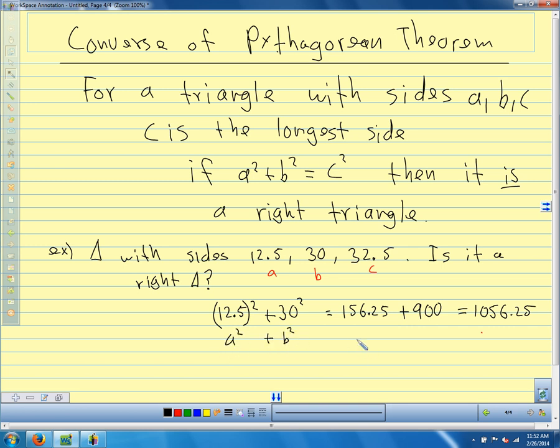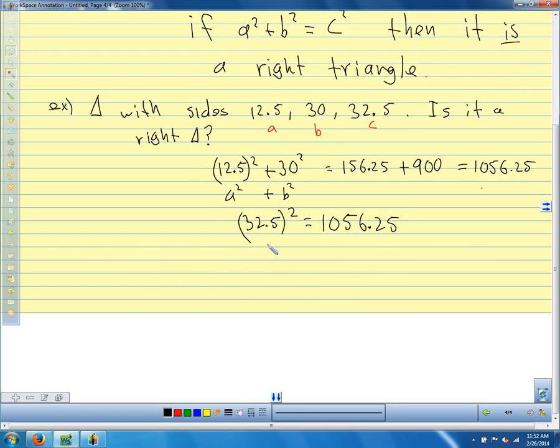And we're trying it out. We're seeing, does that equal C squared? So we say 32.5 squared. We plug that in our calculator, and our calculator tells us 1056.25, and that is C squared. So A squared plus B squared equals C squared. So the triangle is a right triangle.